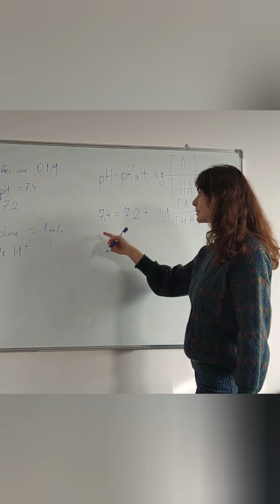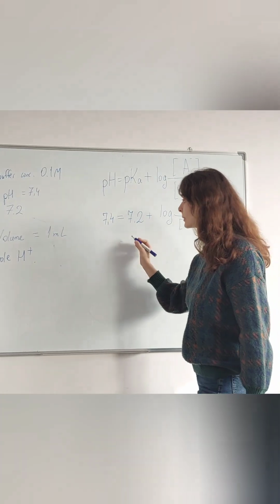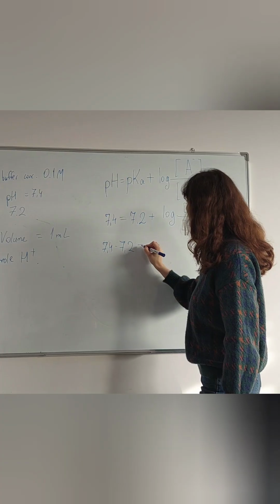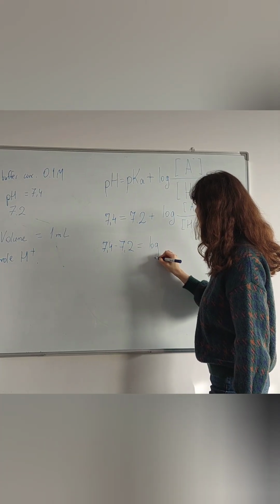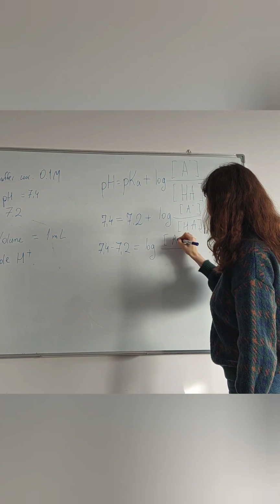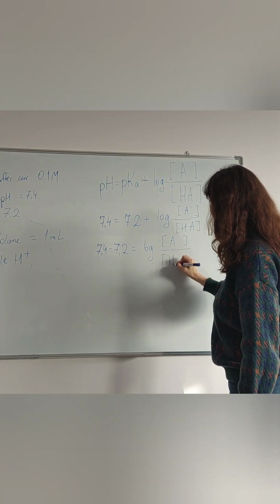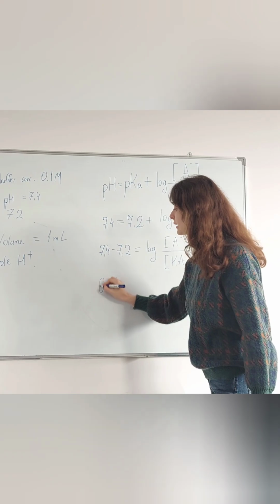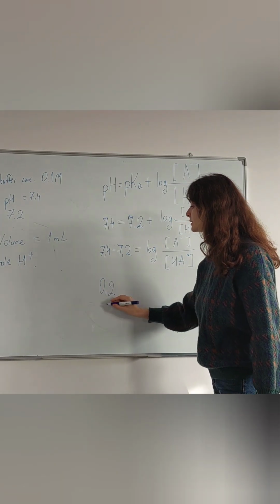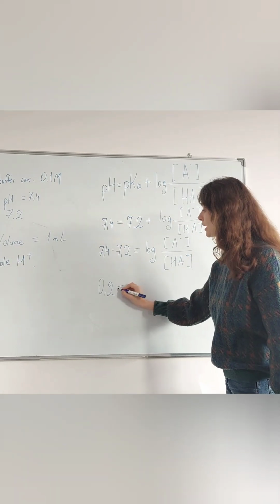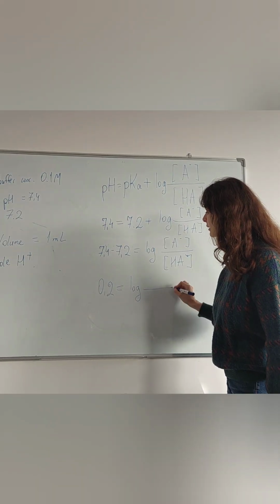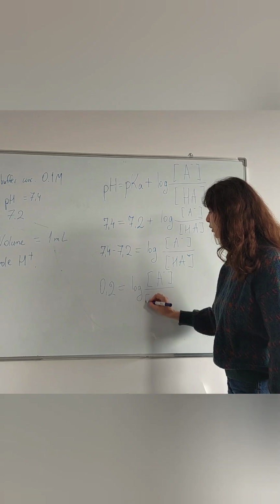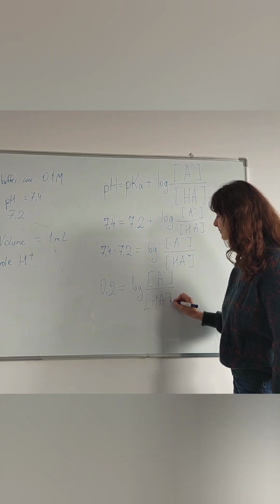So we can subtract 7.2 from both sides. So 7.4 minus 7.2 equals the logarithm of the conjugate base over the acid. The result is 0.2 equals the logarithm of the concentration ratio of the conjugate base over the acid.